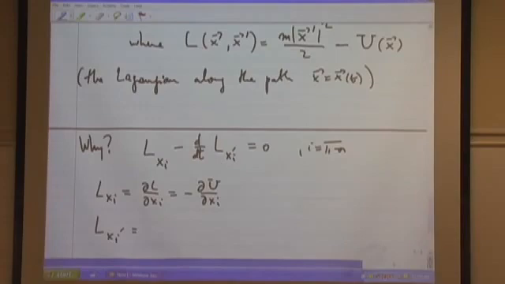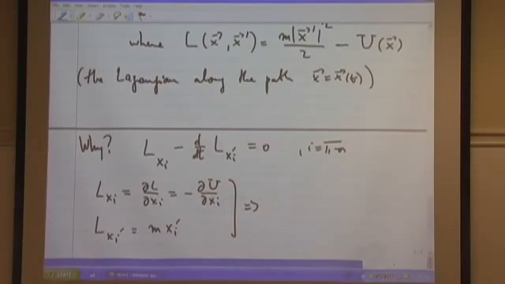And how do we differentiate that? Well, the length squared is basically the sum of the squares of x1 prime, x2 prime, and so on. So this is going to be just m xi prime. There's a 2 that gets simplified with the 2 in the bottom. So what's the Euler-Lagrange equation?